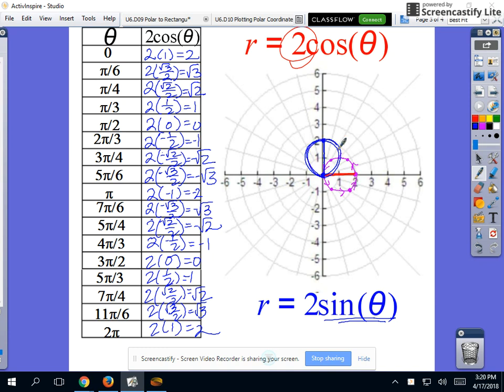So the connection you need to be able to make is that this value in the front is your diameter. And which axis it's hugging is dependent on what you see here, whether you see sine or cosine. So you may wonder, well, what would it be if it was r equals negative 2 cosine theta?